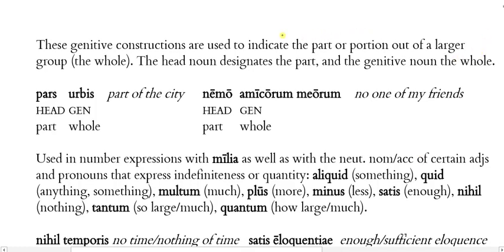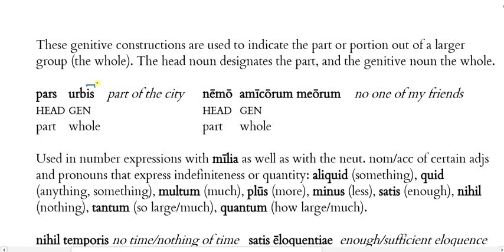These genitive constructions are used to indicate the part or the portion out of a larger group, the whole. The head noun designates the part, and the genitive noun, the whole, out of which the part is taken or understood. So I've got an example here. Pars urbis. Pars urbis. Okay? Now, pars is the head noun, and the noun that is genitive is urbis.